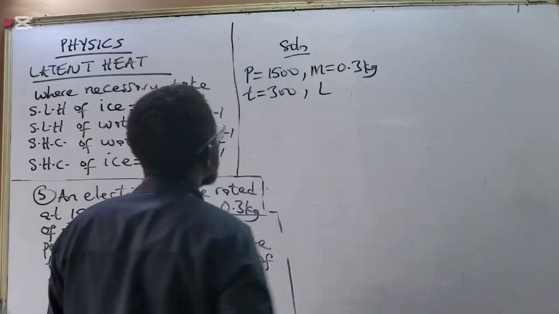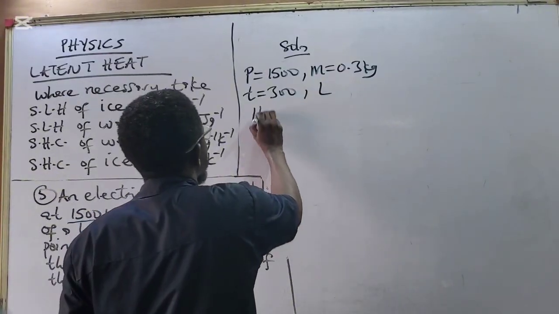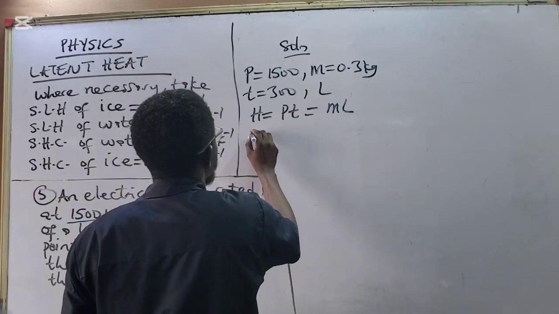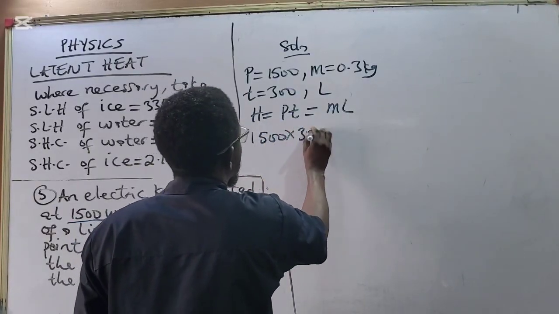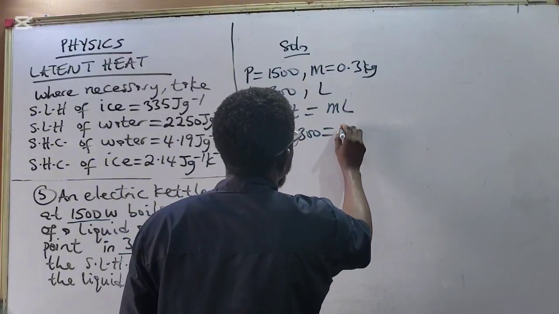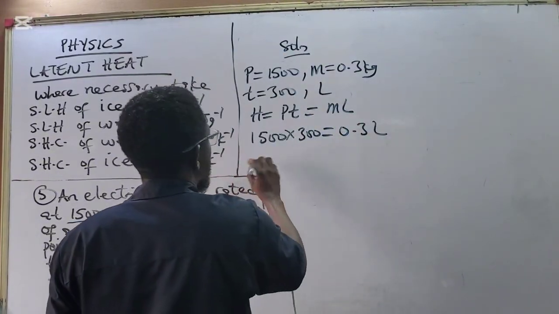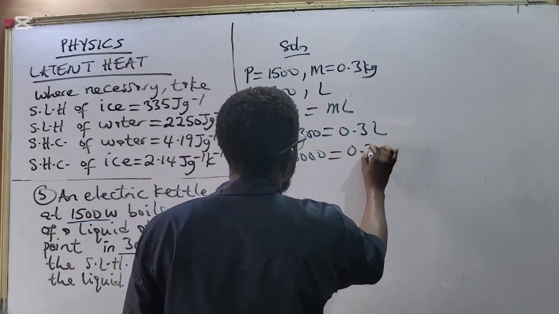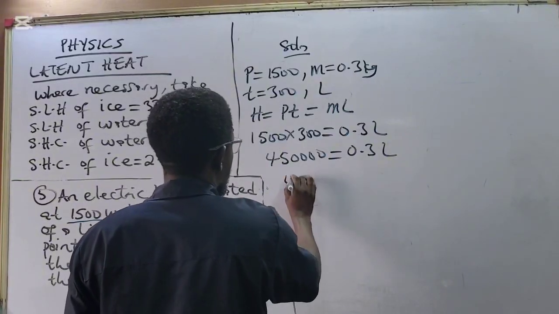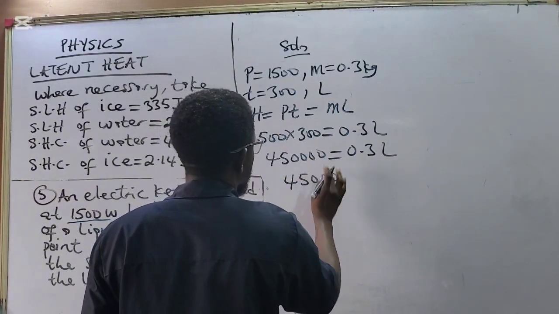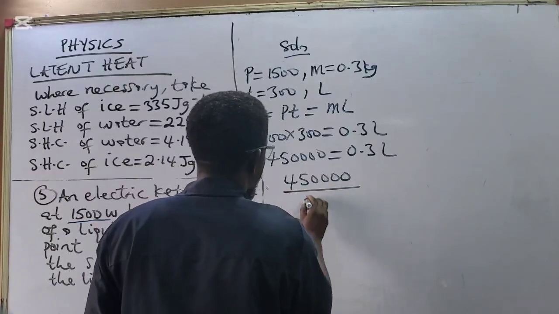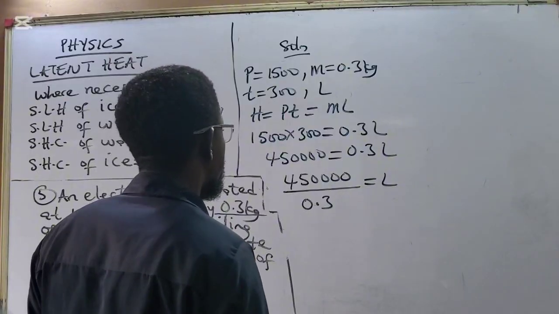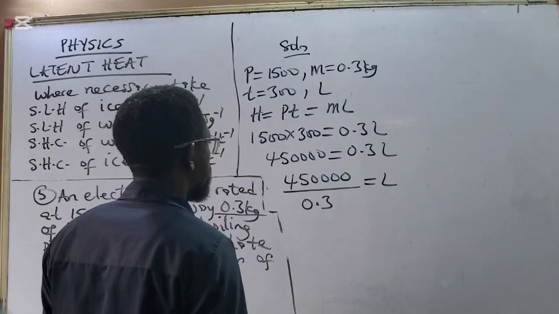The liquid is at the boiling point. So heat H equals power times time, and that will be equal to m L. P is 1500. The time is 300. You will have 0.3 L. So that gives us 450,000 equals 0.3 L. So we'll divide both sides by 0.3. You get the latent heat.